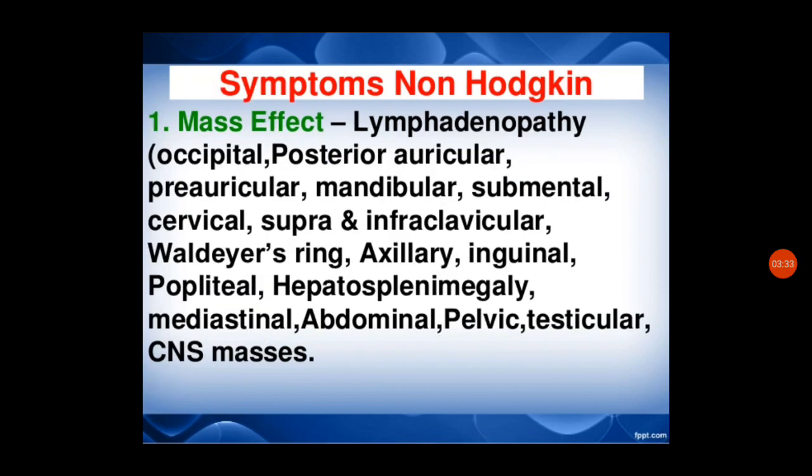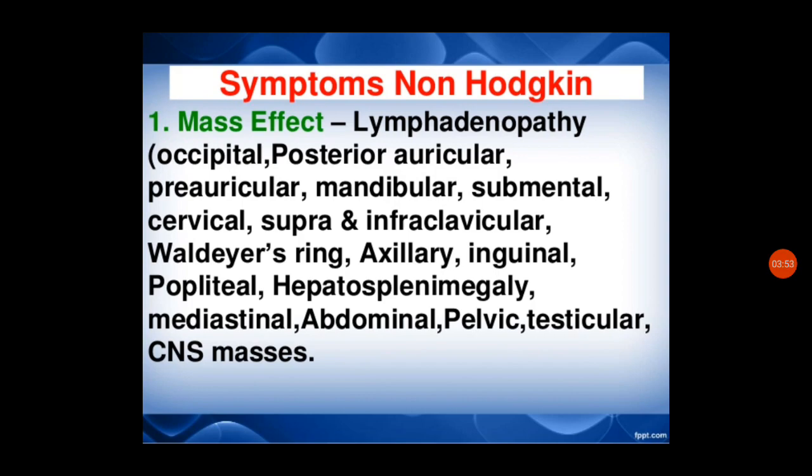Now the symptoms of non-Hodgkin's disease. As we already discussed, there is a diffuse pattern of spread, and the extra lymphatic spread is more in non-Hodgkin's disease. The first symptom is the mass effect.